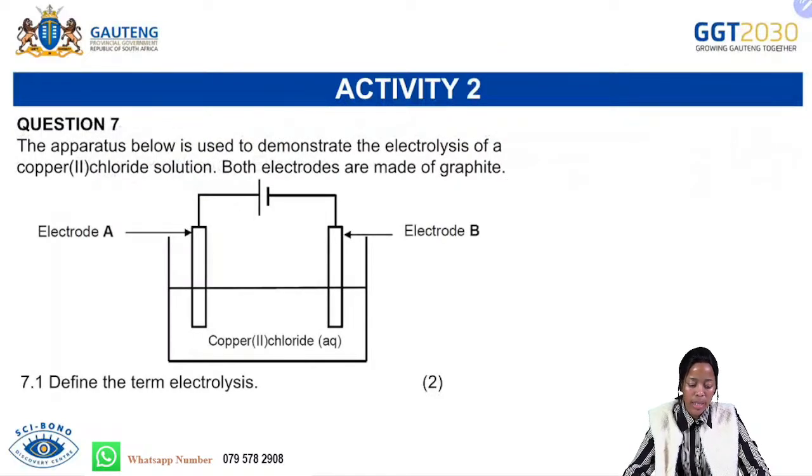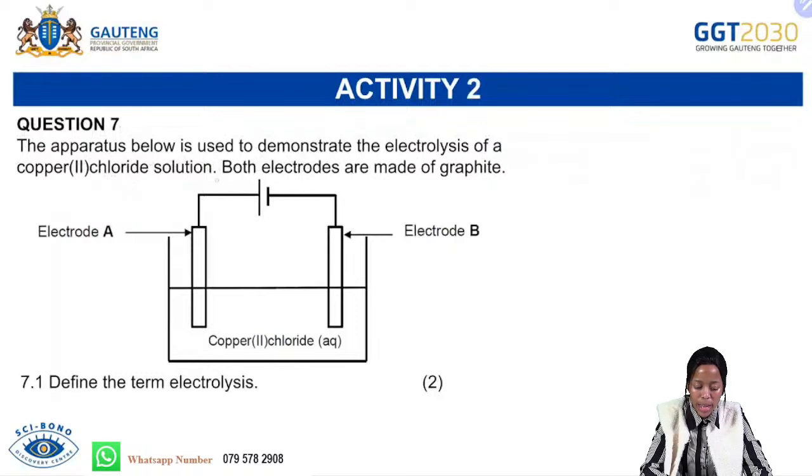Okay, next one here, we have the electrolytic cell. It says the apparatus below is used to demonstrate the electrolysis of a copper 2 chloride solution. Both electrodes are made of graphite. Very important, okay?